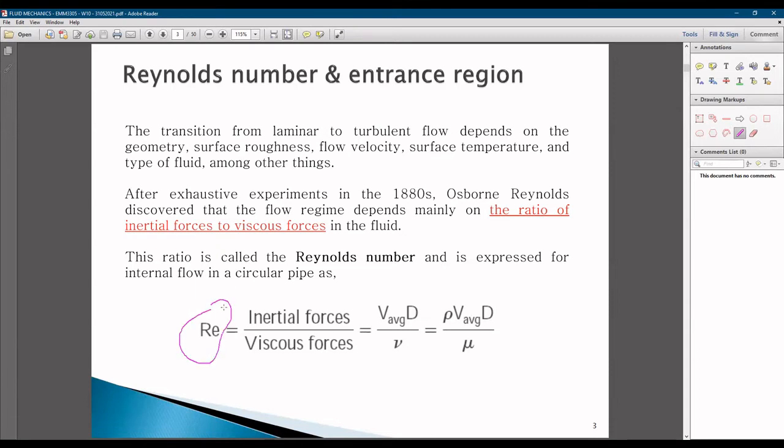So the Reynolds number is equal to the ratio of inertial forces to the viscous forces.